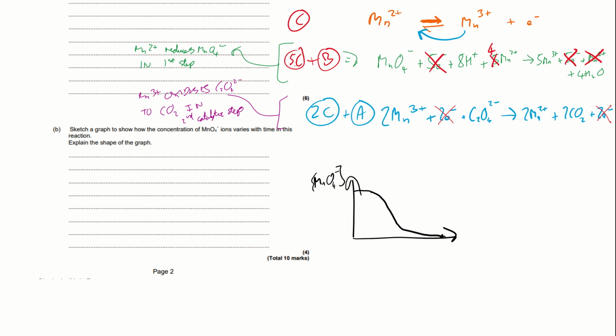You should talk about the uncatalyzed, slow, catalyzed, quick, and then slowing down because the concentrations of reactants diminish. It's a nice word, isn't it? If I could spell it.